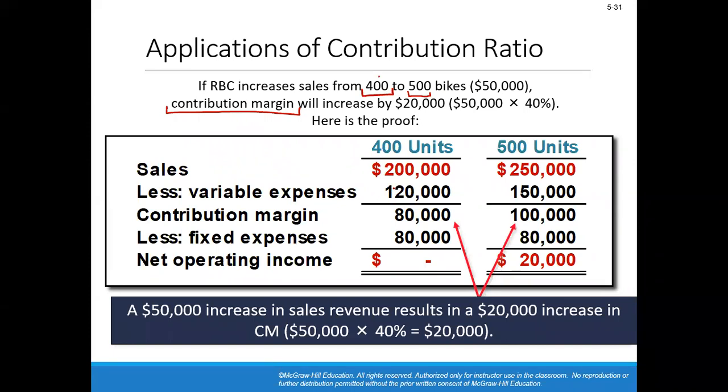So what will be the change in sales for the change in sales units? We see that 100 units of bikes is expected to be the increase. So for 100 units of new sales at a $500 per bike price, how much new sales do we get? It should be $50,000.